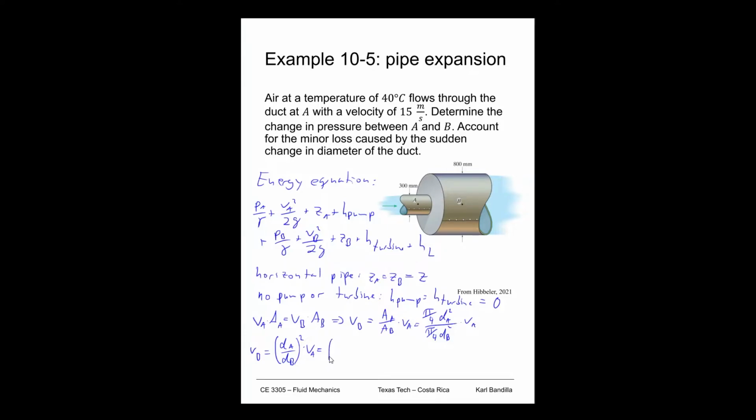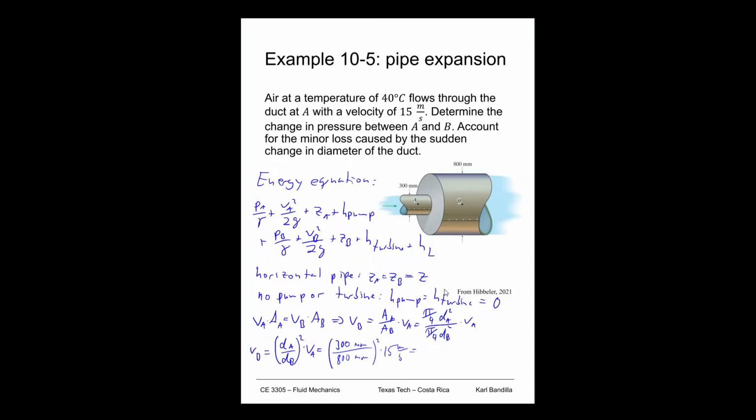So we have dA is 300 millimeters, and dB is 800 millimeters, squared, times 15 meters per second.